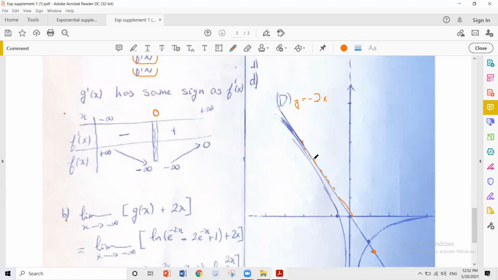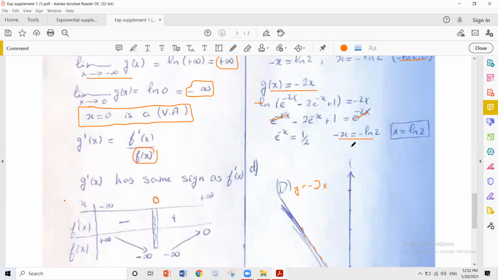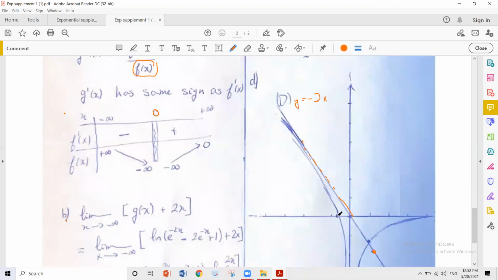Now g(x) equals 0 gave us minus ln 2, approximately minus 0.7.